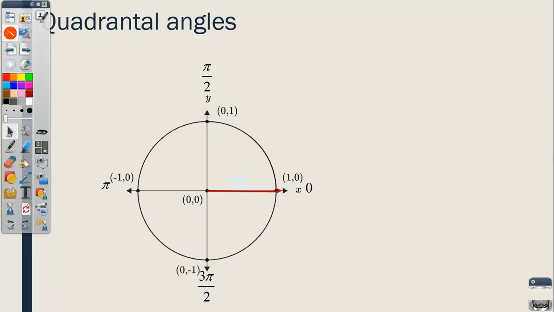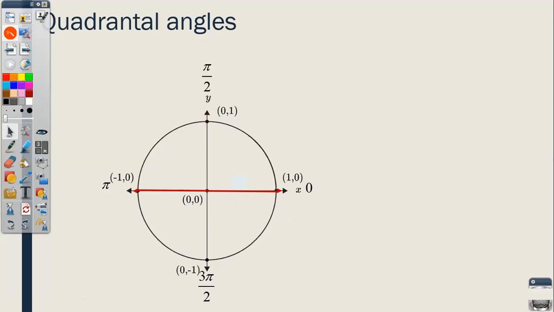Now, we have an angle, so with a 0 degree. So its terminal and initial side is on x-axis. Next angle is 90 degrees, so pi over 2. Its terminal side is on y-axis. We continue.